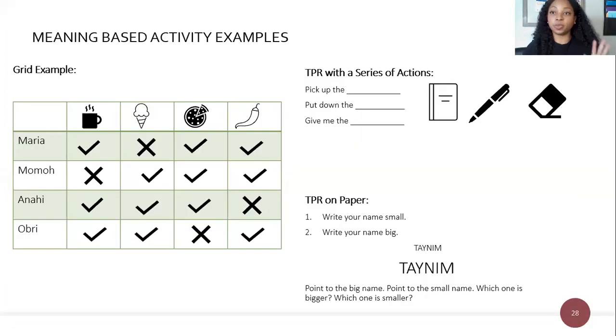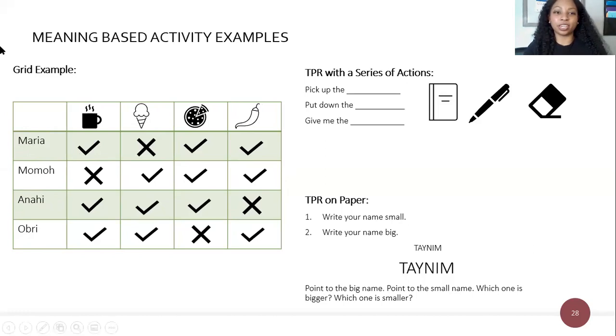Okay. Two other examples. I have a grid example here. Grids are great first, but this is an example of something I would do with a lesson on likes and dislikes, because it doesn't have a ton of words, which can be a little intimidating when you're learning how to read and write. Ideally, you would use better pictures than this. You would use real photographs, but I'm in PowerPoint and this is what I had.